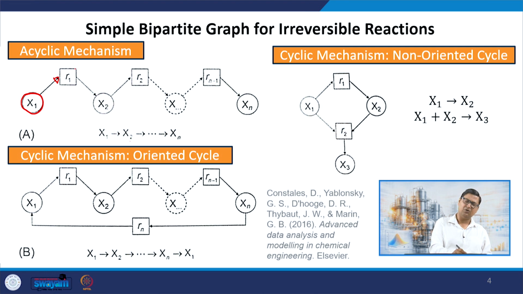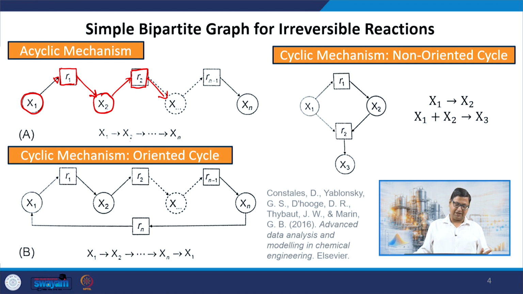So reaction is now a node represented by a square, right? And from that reaction R1, I then go to the second intermediate x2, which is also a node but represented as a circle. Then x2 undergoes a reaction R2 and forms x3, and then it continues to x4, x5 to xn, right?